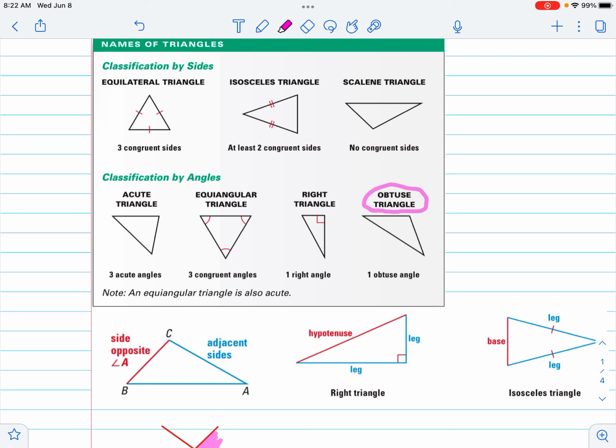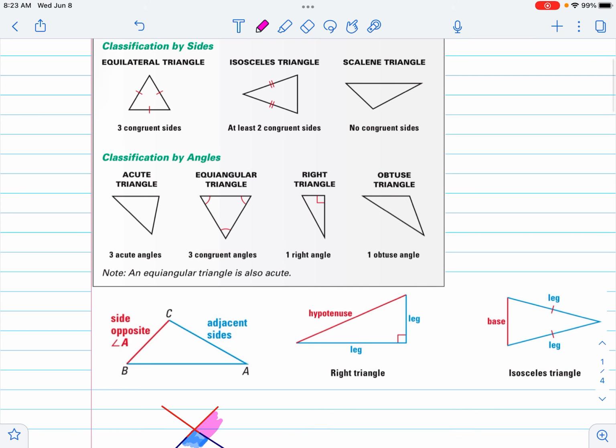An acute triangle has no angles bigger than 90. And then, of course, you have the right triangle, which has an angle equal to 90. We always denote the angle equal to 90 with a little square here. That angle is 90 degrees. So those are the classifications.